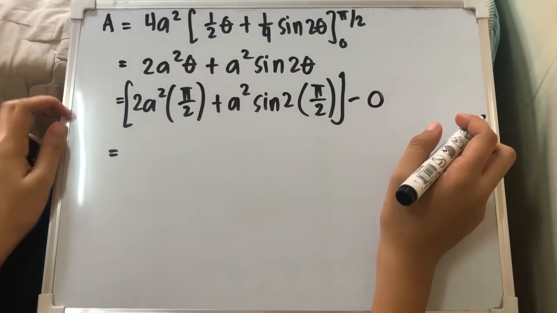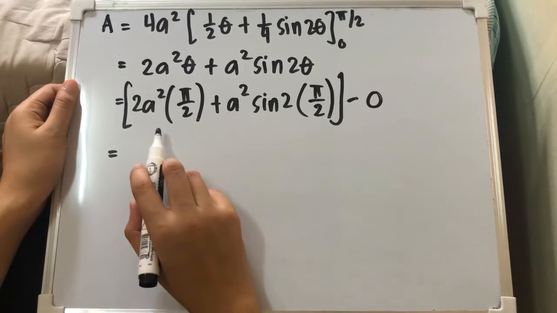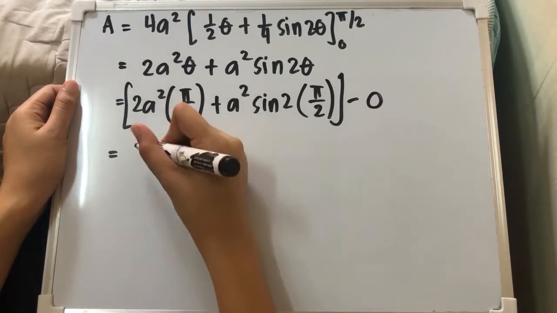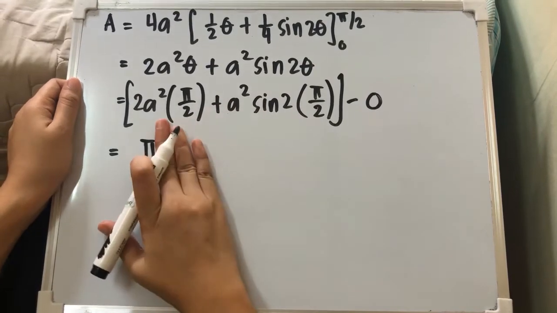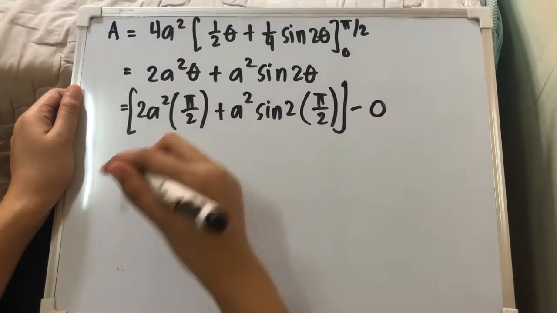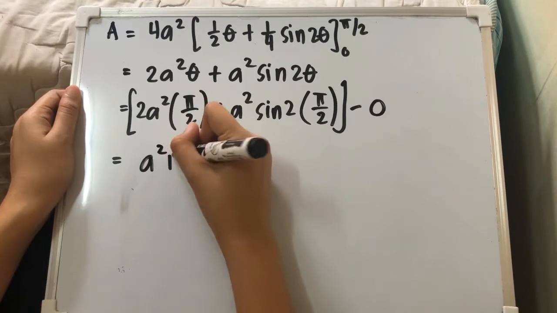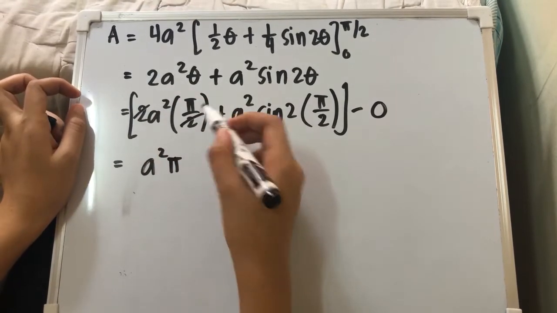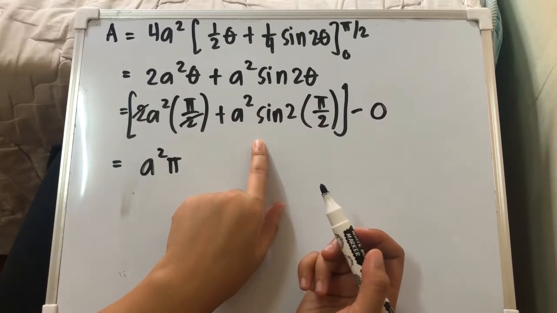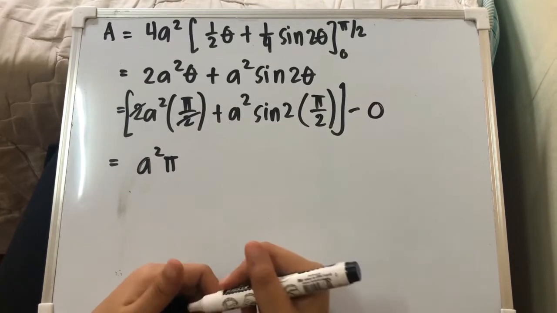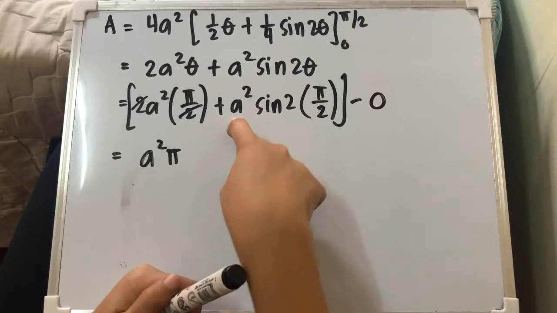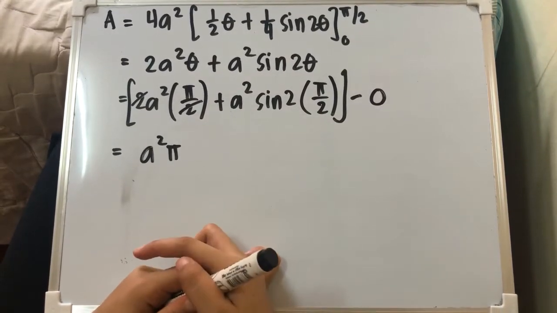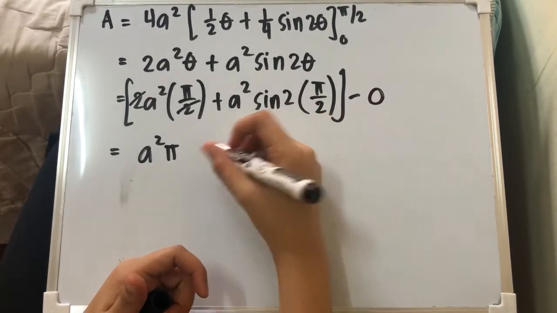Now calculating this one, this is pi a squared, or a squared pi, since we can cancel 2 here. Then for this one, sine 2 pi over 2 is equivalent to 0 times a squared, meaning to say that is 0.